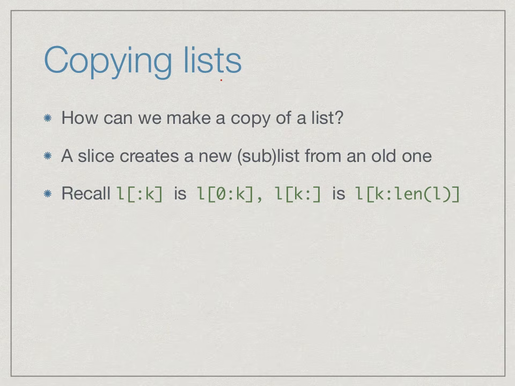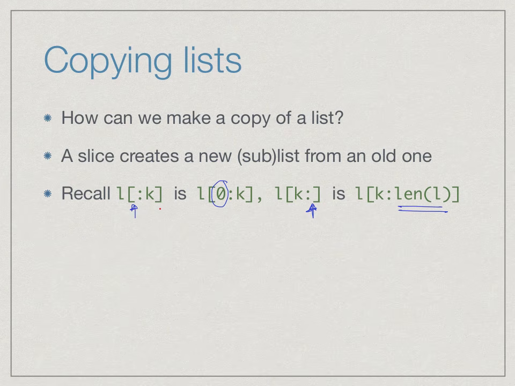We also saw when we looked at strings that we can leave out the first position or the last position when specifying a slice. If we leave out the first position, then we will implicitly say that the first position is 0, so we start at the beginning. Similarly, if we leave out the last position, then we will implicitly assume that the last position in the slice is the length of the list or the string, and so it goes to the last possible value.